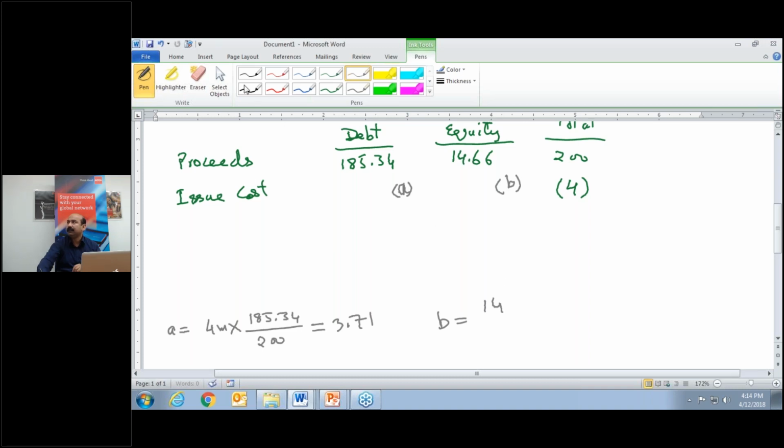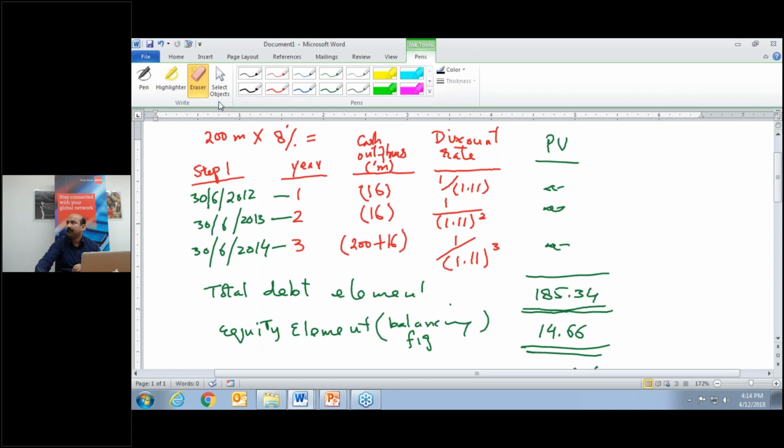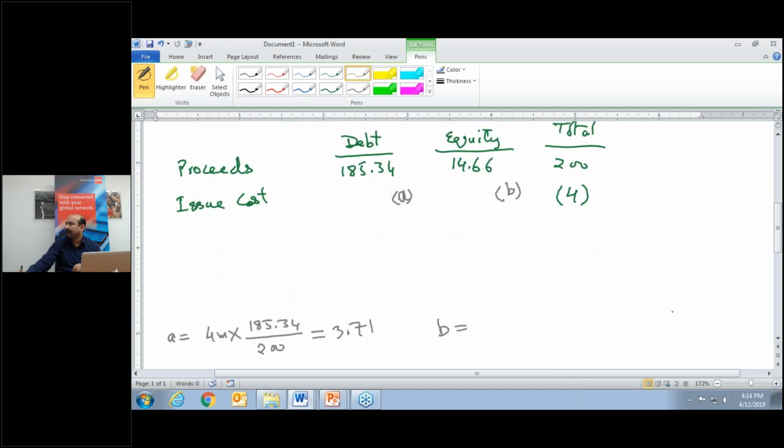And B can be calculated similarly. We are bifurcating 4 million on a pro rata basis. 4 million into 14.66 divided by 200.